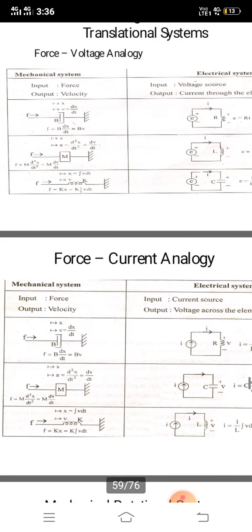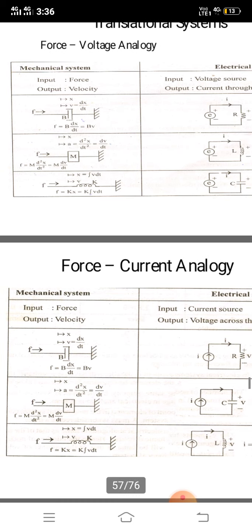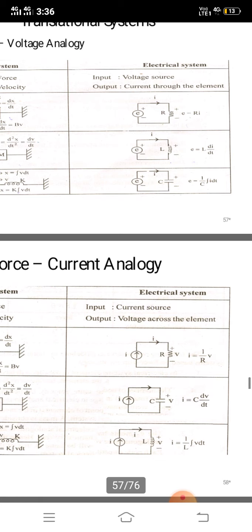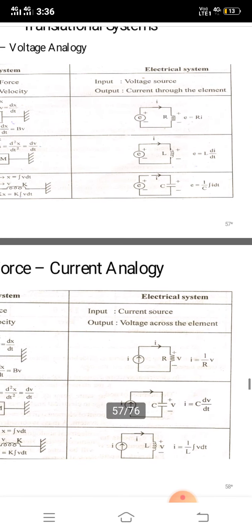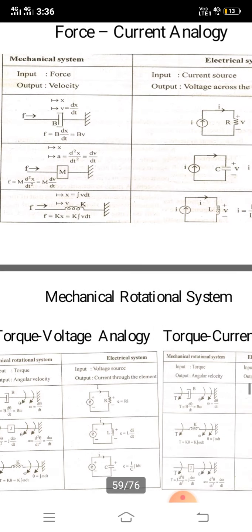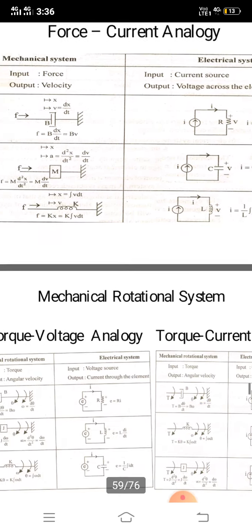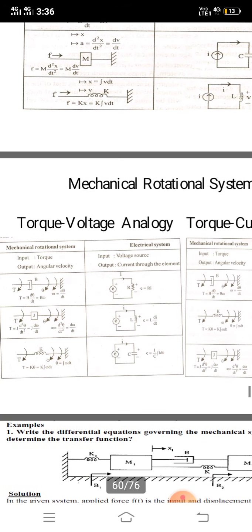The mechanical system's letter representation is M, B, K. K is stiffness or spring, M is mass, B is dashpot. Then in the electrical system, resistor is R, inductance is L, capacitance is C. So those six elements have the mechanical translation analogy type and the electrical analogy type.